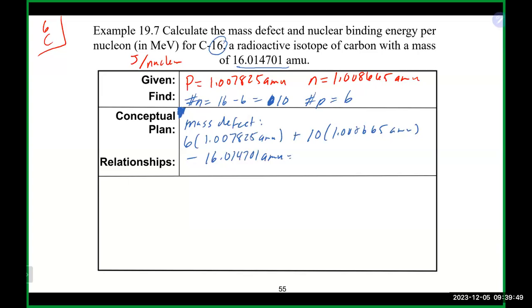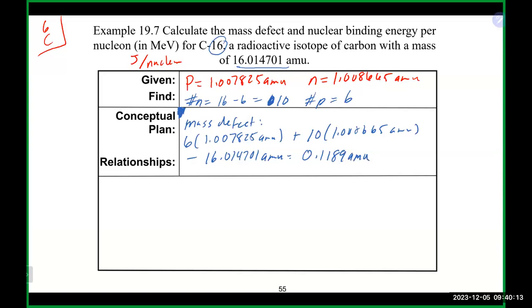Again, this gives me the mass defect. A little bit is converted into energy through this process. That gets me 0.1189 AMU. Any questions so far?